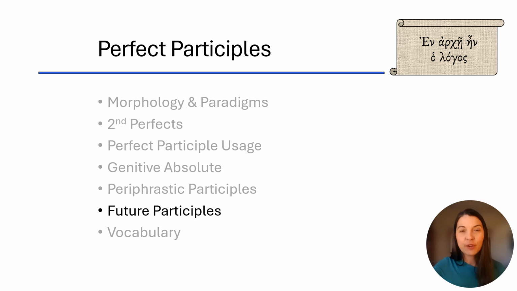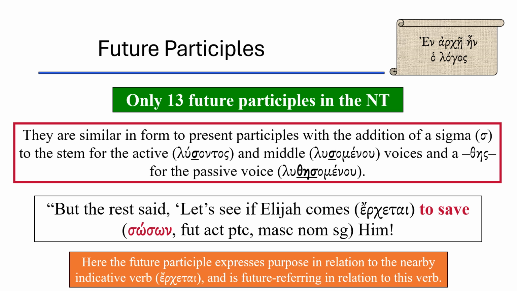And although future participles are very rare in the New Testament, let's take a quick look. There are only 13 future participles in the New Testament. They're similar in form to your present participles with the addition of a sigma to the stem, similar to how we would write it in the indicative form. Lusontos, and the middle, lusomenou. And the theta, eta, sigma indicates the passive voice, luthesomenou.